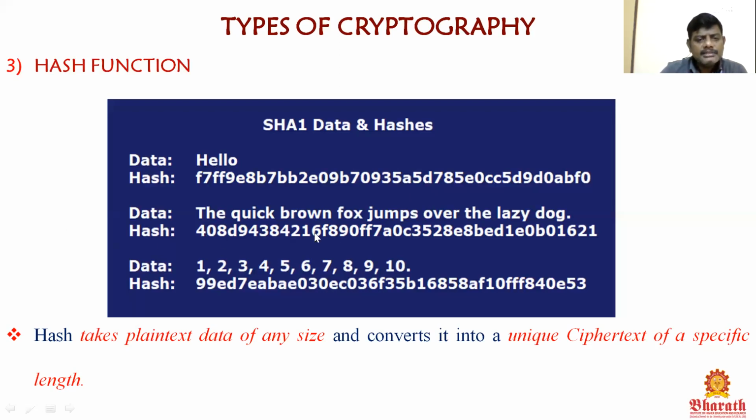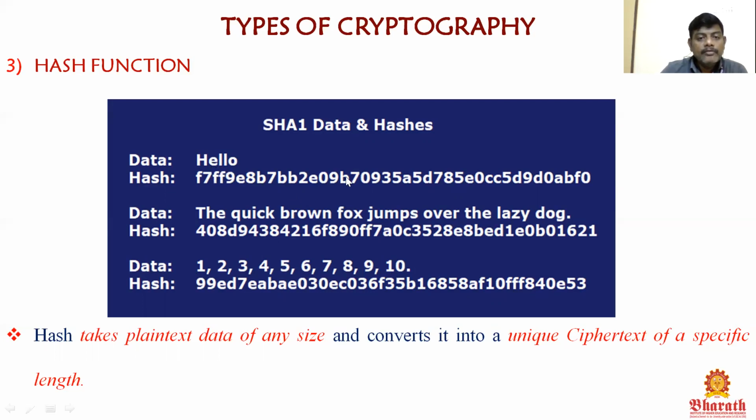It is also the same size, but unique. What about the third one? It is purely numbers, 1, 2, 3, 4, 5, 6, 7, 8, 9, 10. This is the input of the hash function SHA1, but it gives a unique ciphertext value of the same size.